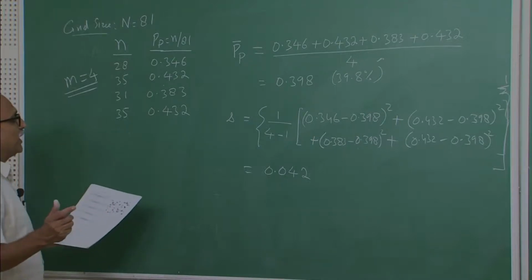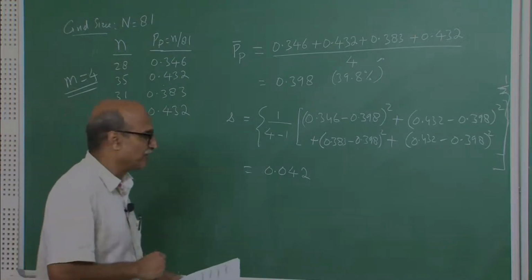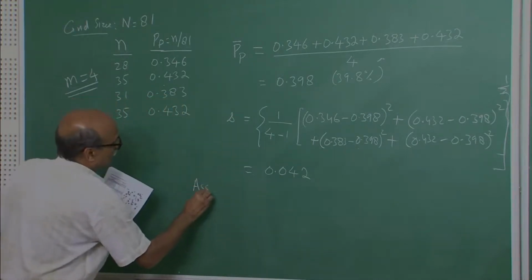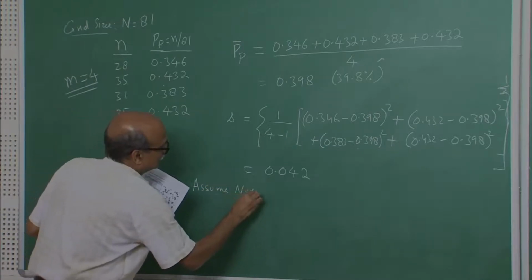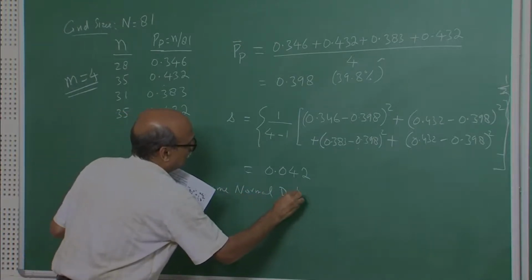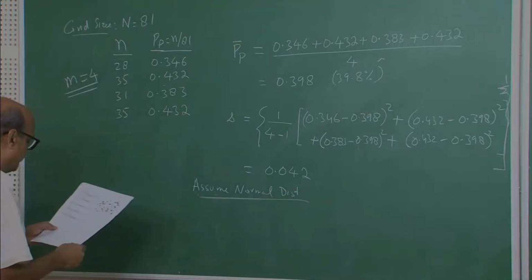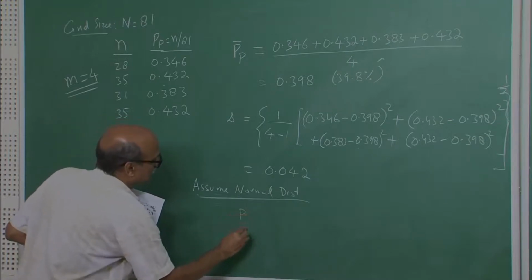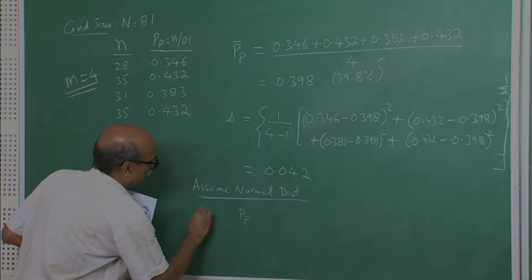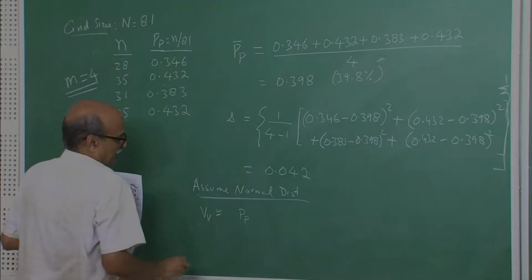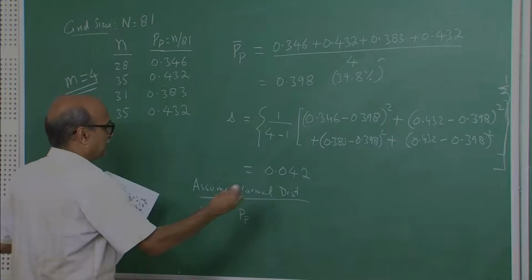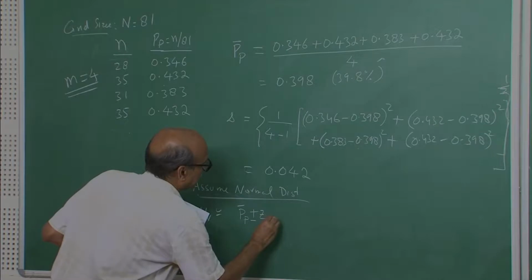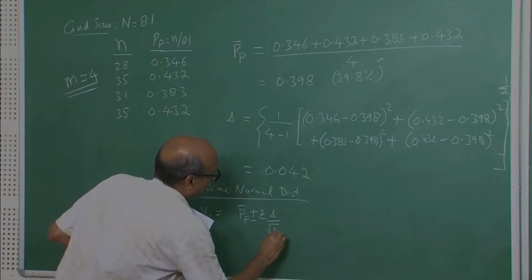Now, suppose I want to find a 95% confidence limit, and let me assume that the sampling distribution is normal. So, my volume fraction range that I expect would be P-bar plus or minus z times s divided by square root m.